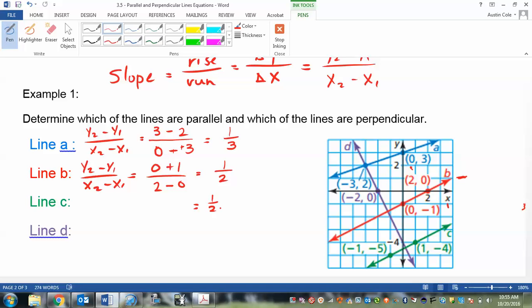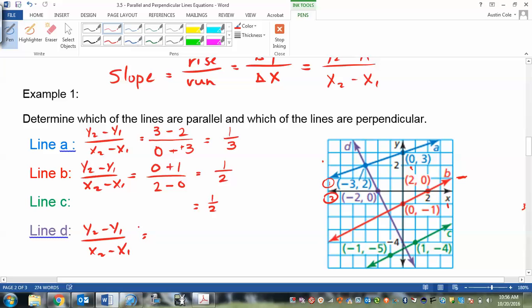Now let's look at line D, which is the purple one. Now, do we have 2 points on that line? Yes. I only see one in purple though. The other one's on the blue one. Oh, this point, excuse me, is on both lines, so we can deal with both of those there. So if I count this as point 1 and that as point 2, I'm going to write my formula out, y2 minus y1 over x2 minus x1.